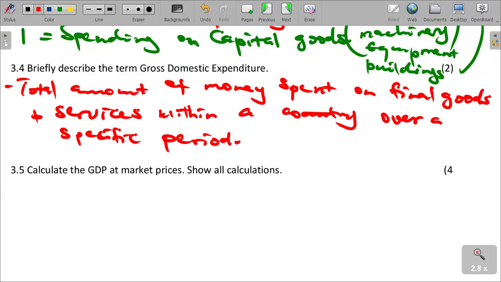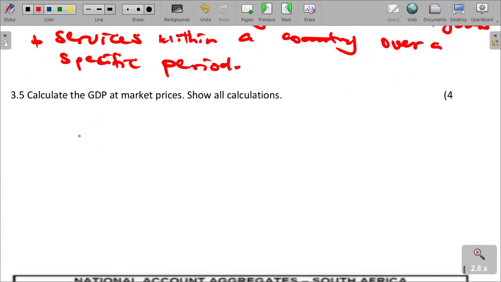I want you to note that this is what we mean by gross domestic expenditure, which is what has been spent by various participants within the economy of a country, and it must be over a specific period. It tells us the total domestic expenditure.